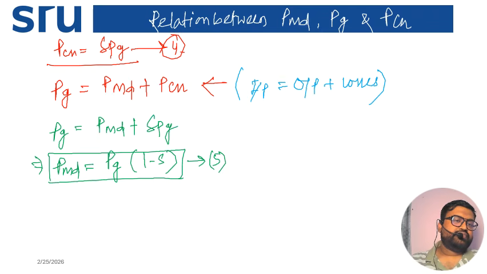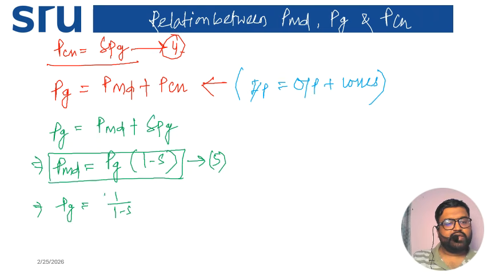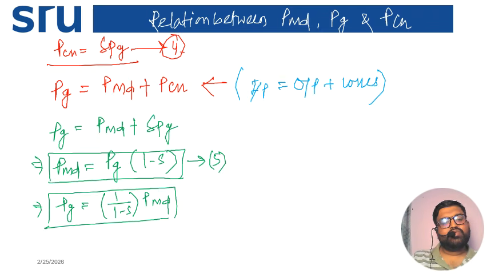Now you see, suppose I want to find out the copper loss and PMD. Then what can we do? We can see in copper loss, PMD is going to be found. Now I want to find that relation: Pg becomes 1 by (1 minus S) into PMD, right? We can give an equation name to this one, that is 6. Now you see 6 and 4.